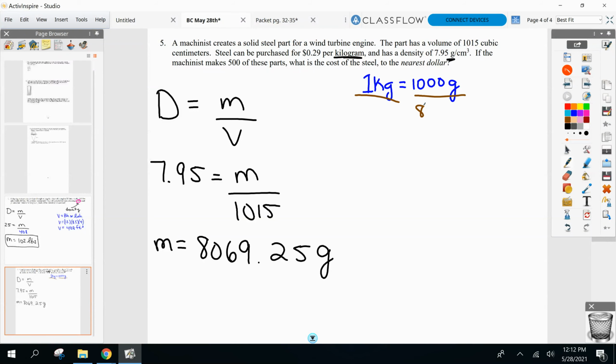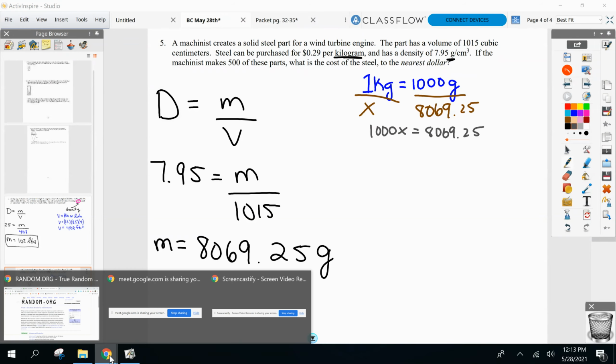Grams, go with grams. Kilograms, I'm trying to figure that out. When you cross multiply, 1,000x equals 8,069.25. Everyone sees what I should be doing with the 1,000 now, right? Makes it pretty easy if you're unsure to make a proportion.